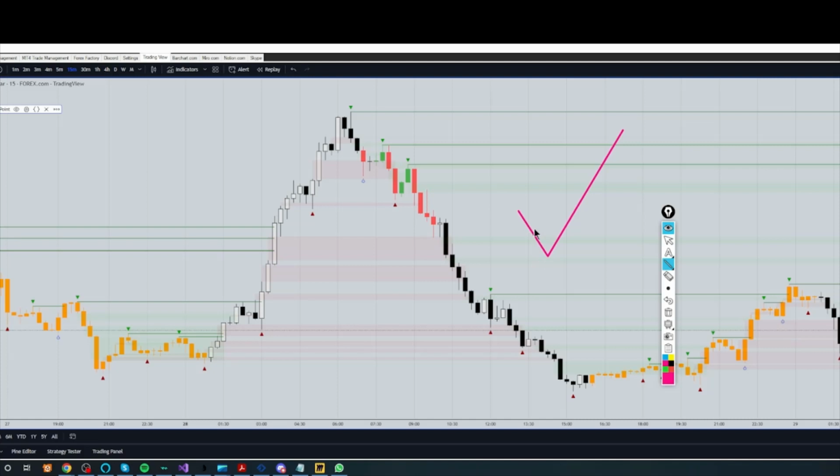But on the high, so if this was the 15 minute, on the lower time frame, let's say the 5 minute, we'd start the market maker buy model by looking for the reverse, which is the sell model, and to the left it would look something like this.